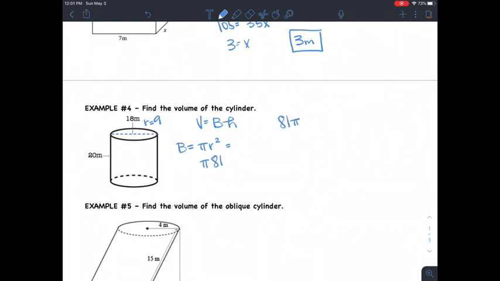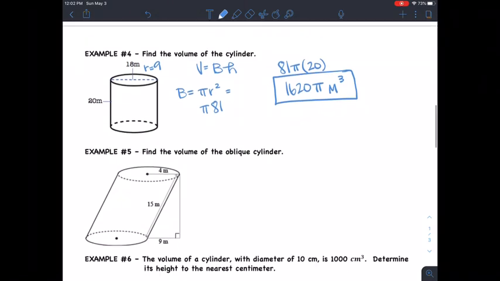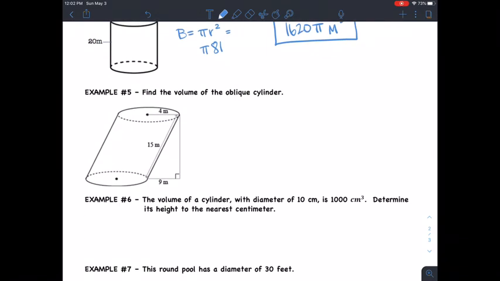And then if I have 81 pi times a height of 20, then that gives me 1620 pi meters cubed. And then if you need to, you can go ahead and multiply those two together, but I'm just going to go ahead and leave them in exact form.